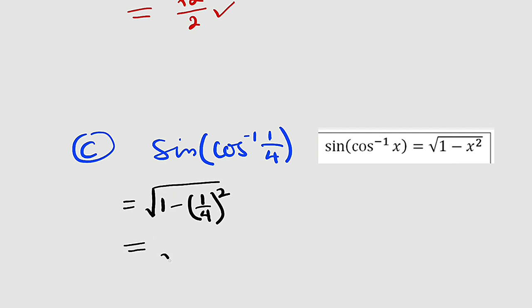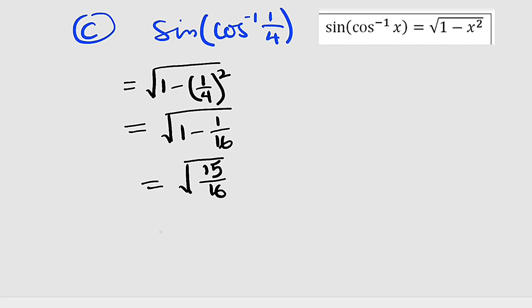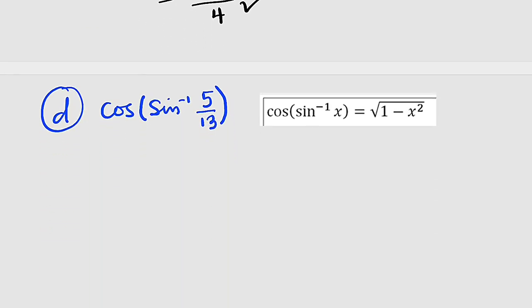This is the square root of 1 minus 1 over 16, which is the square root of 15 divided by 16. Square root of 15 remains square root of 15, but square root of 16 is 4. Hence, this is our final answer. As simple as that.